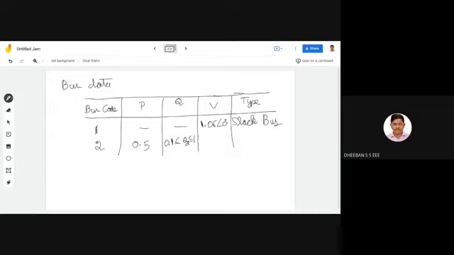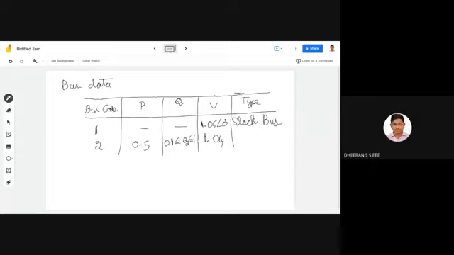So the reactive power at bus 2 varies in the range of 0.1 to 1. The voltage they have also given, 1.04. So can anybody tell me what kind of bus is this? The second bus, what kind of bus? PQ bus, sir.